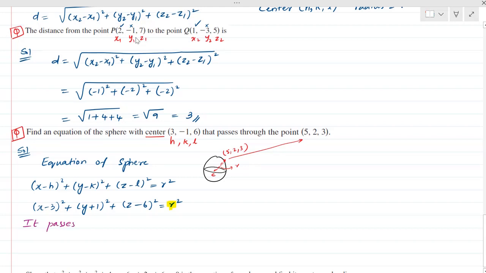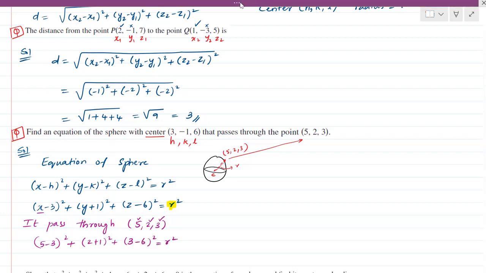It passes through the point 5 comma 2 comma 3, so I just substitute the x, y and z. You will get (5 minus 3) whole square plus (2 plus 1) whole square plus (3 minus 6) whole square equals r square.